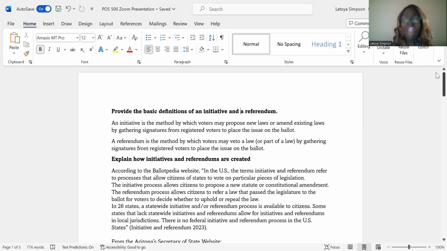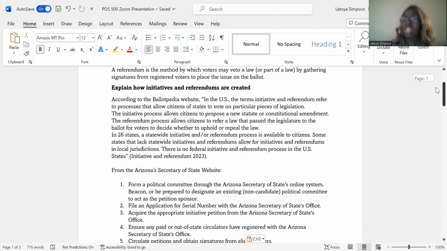There is no federal initiative or referendum process in the United States. And this is coming from the Arizona Secretary of State website. And this is how an initiative is created.